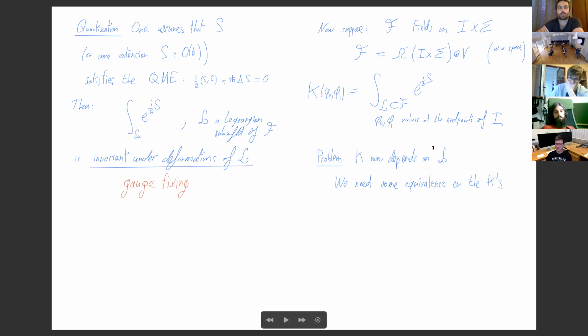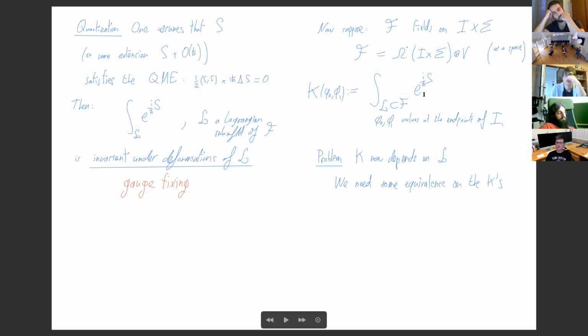And so this tells you that this expression, which is well defined, because when you do the gauge fixing, the action becomes non-degenerate, so you can do the expansion in Feynman diagrams. However, what happens here is that when you deform the Lagrangian submanifold, the result changes. Okay, so in the bulk case it didn't change, but now it changes because of boundary terms.